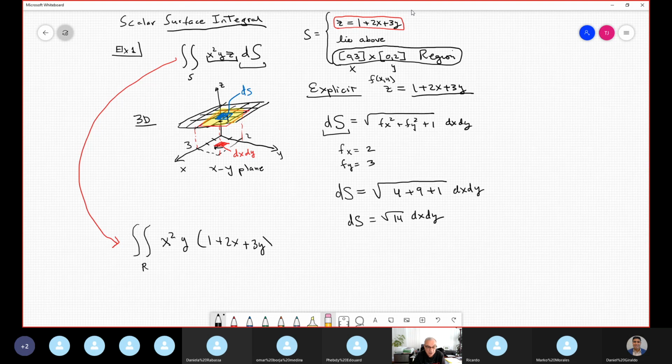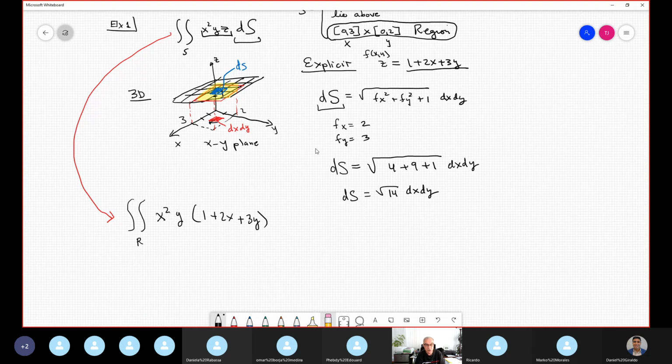So you replace, and when you set up the double integral and decide to solve the problem using Cartesian coordinates, x and y, not polar, the only variables that participate in the game are x and y. Since this is 3D, you replace z by the corresponding relationship in x and y.